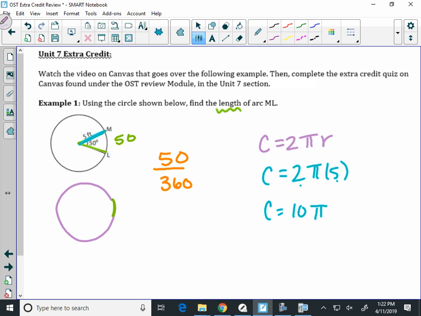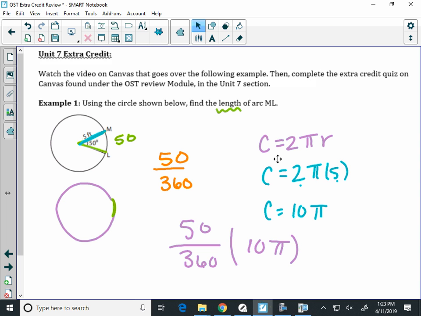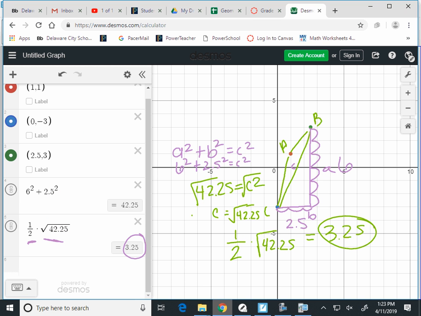So you're going to do 50 over 360, simplified or not, times the circumference. We're going to leave our answer in terms of pi. Canvas is going to tell you to round, so I'm going to round it for you at the end.